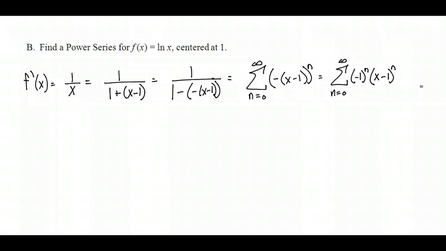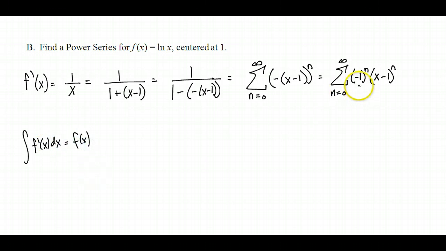From here, this is our derivative, and we want to write our original function. If you have your derivative and you have to get to your original function, remember we have to integrate. So if we integrate the derivative, that would create our original function.